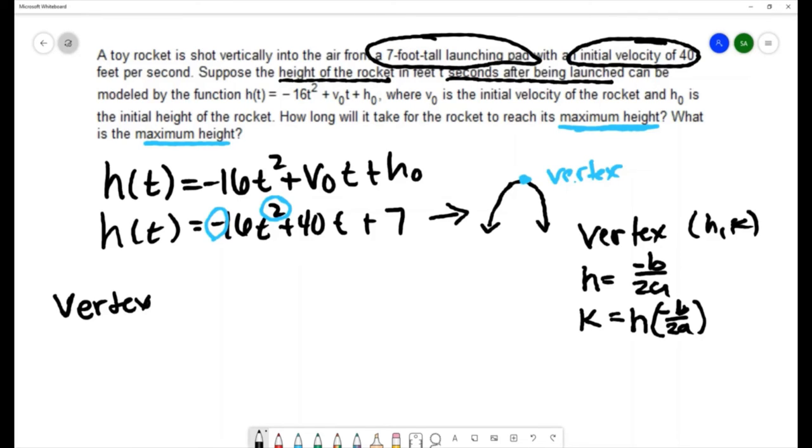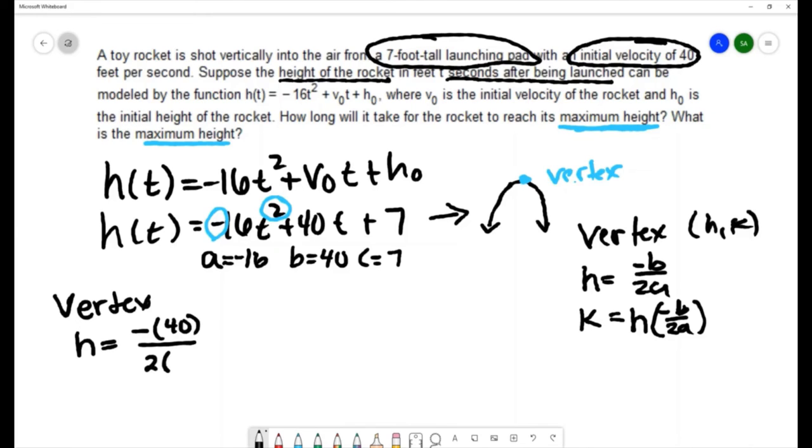So for this example, our value of a is negative 16, b is 40, and c is 7. So the x-coordinate of the vertex is negative 40 over 2 times negative 16.